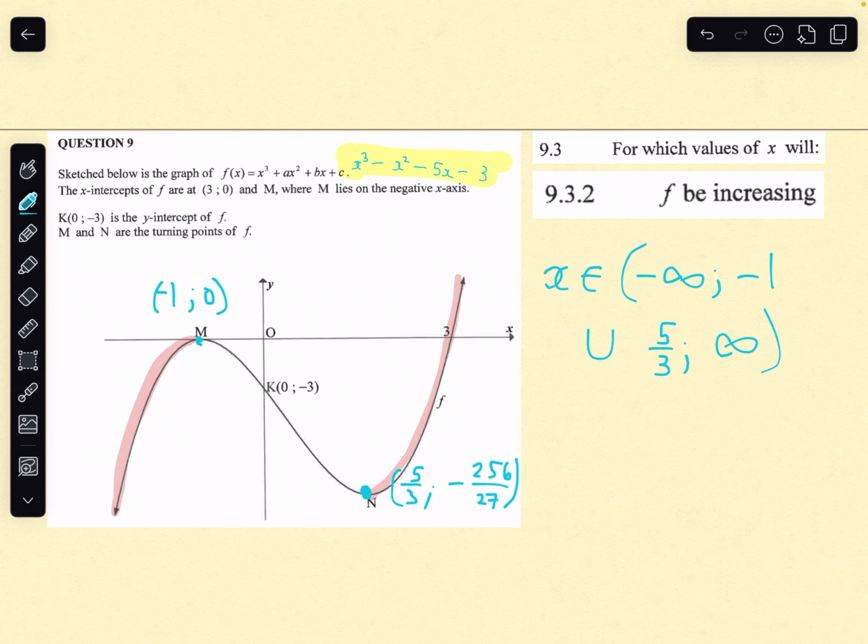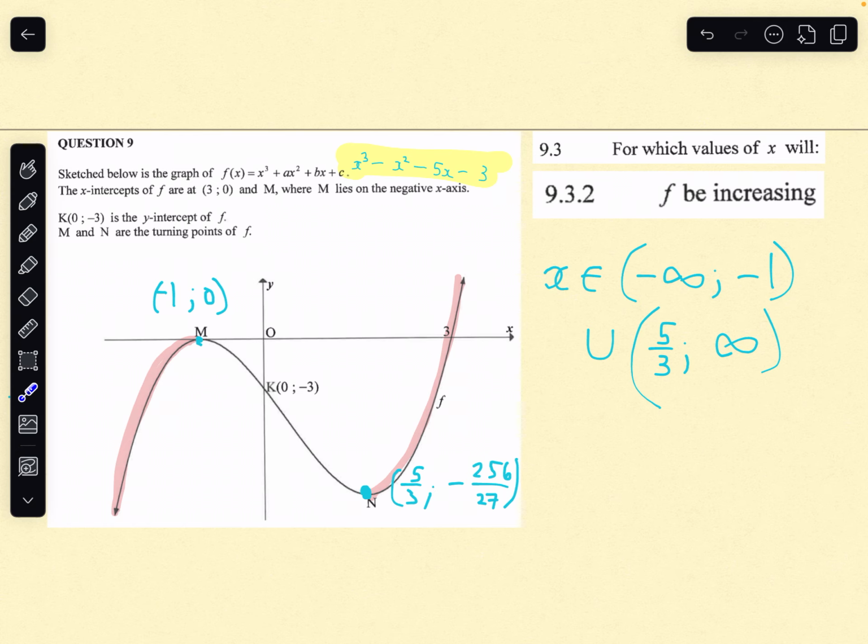So now the question is, okay, when x is equal to -1, is f increasing or decreasing? So over here, because it is at a turning point, the tangent, the gradient here is 0. It's neither increasing nor decreasing. So we are not going to include -1. And for a similar reason, we don't include 5/3. This is a turning point. The graph is neither increasing nor decreasing over here. So we can't include 5/3.